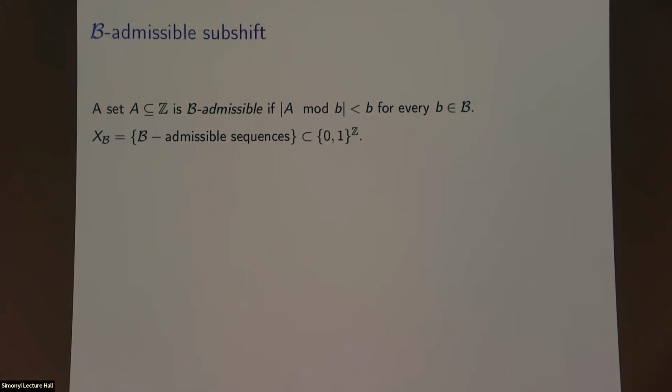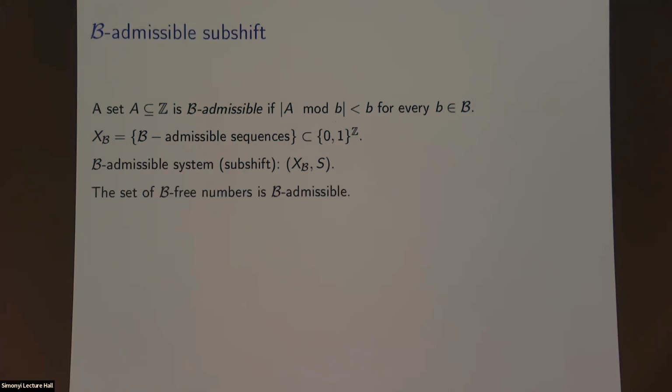And these are, again, 0-1 sequences as before. And the B-admissible subshift is X_B equipped with the same shift automorphism S. Of course, being admissible is S-invariant.